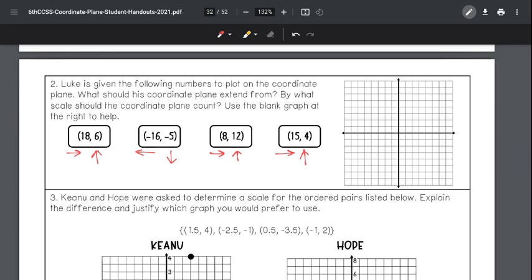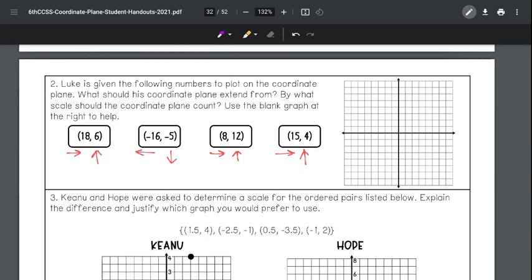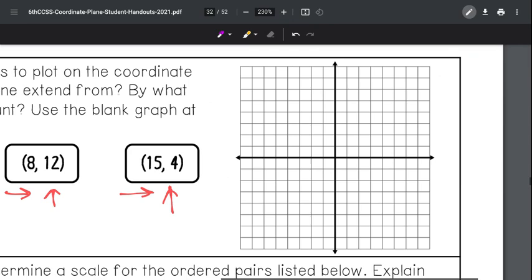Okay. So I would say we could either count by 2s or 3s. And then plot our points. So let's count by 3s. Scale of 3. So I'm going to zoom in a little bit more.